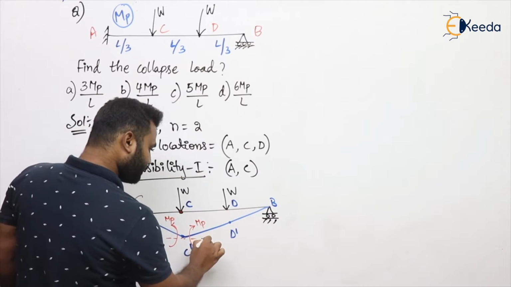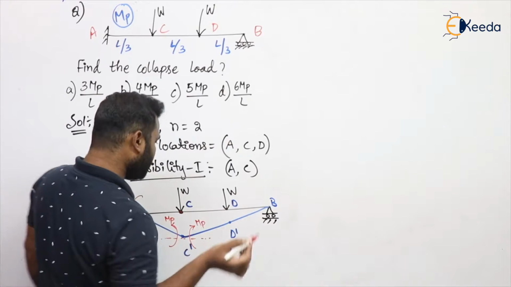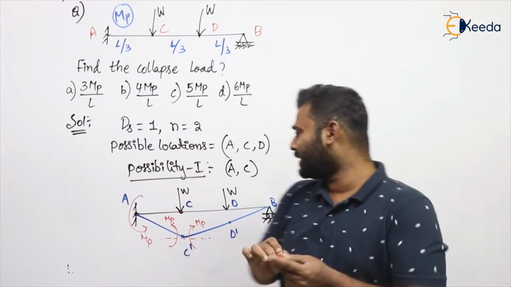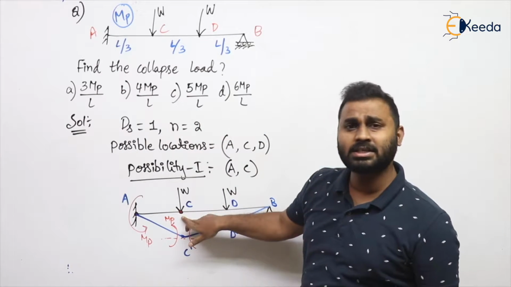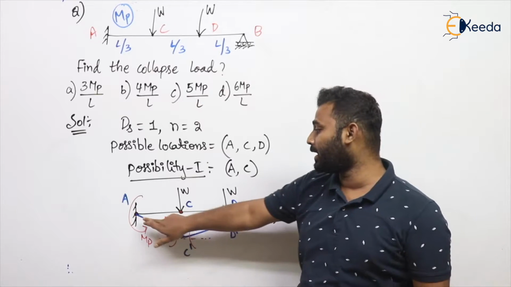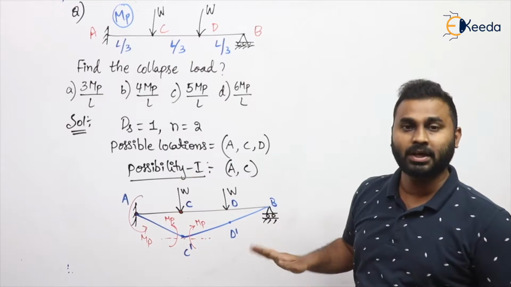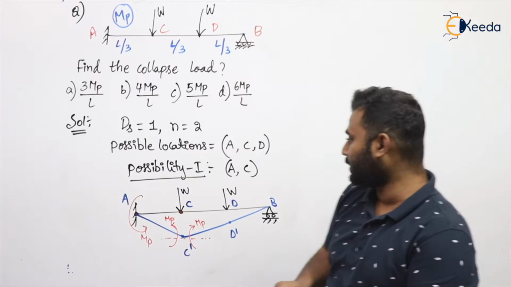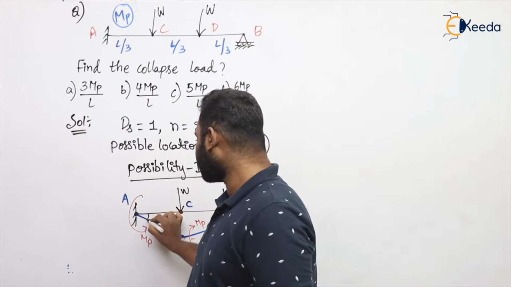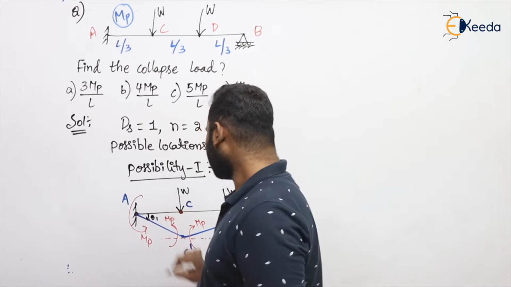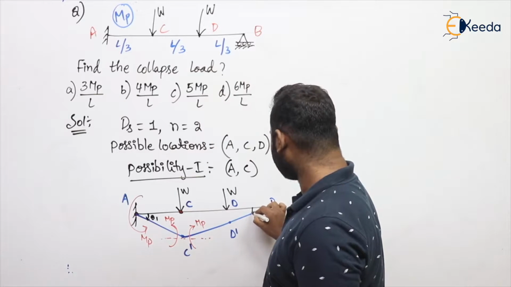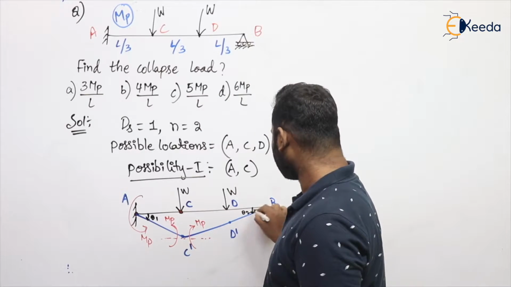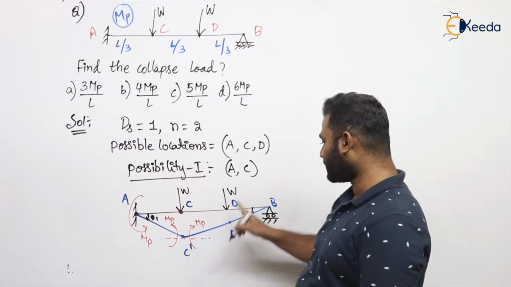Is that okay? Now in the span a plastic hinge is not forming at the center. Therefore the angles at both ends are not the same; they are different. Hence consider this as theta 1 and this as theta 2.